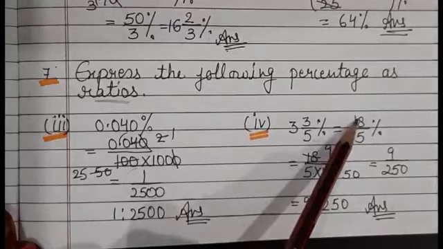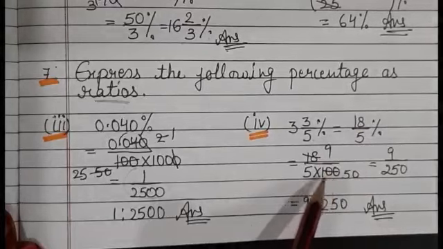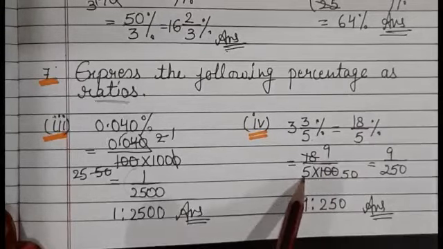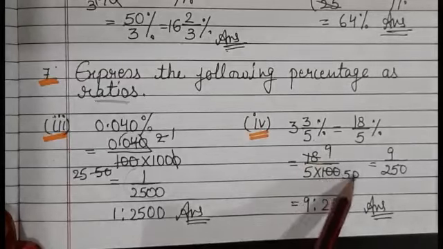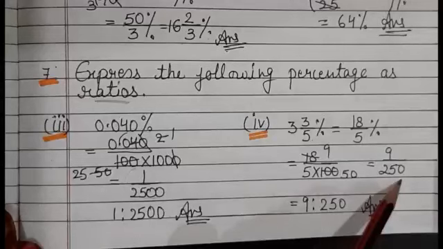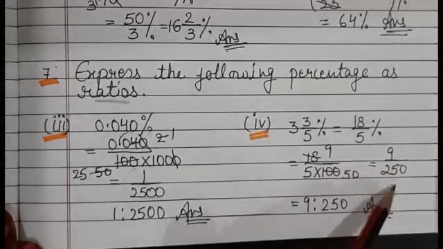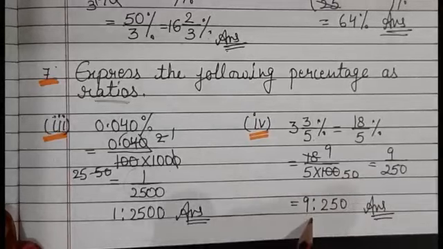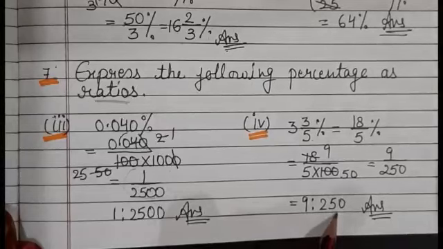So it will come 18 by 5 into 100. 100 will be multiplied with the denominator 5. Right? Cancel out, 2 9s are 18. 2 5s are 10, 0. So 9 upon 250 will come. 9 upon 250, this is in fraction form, convert into ratio. So answer will be 9 is to 250.